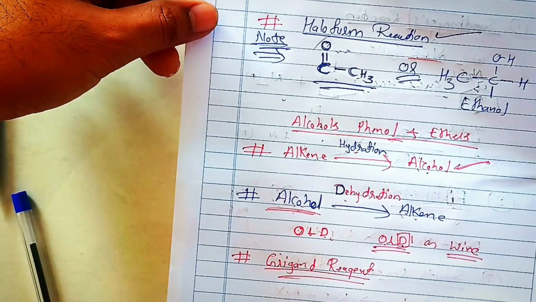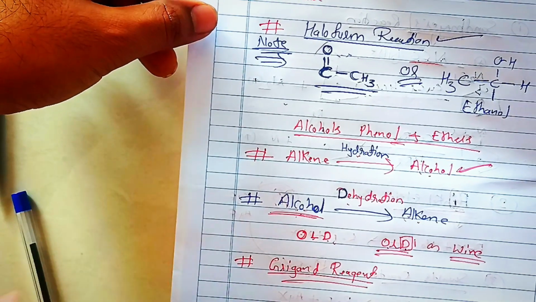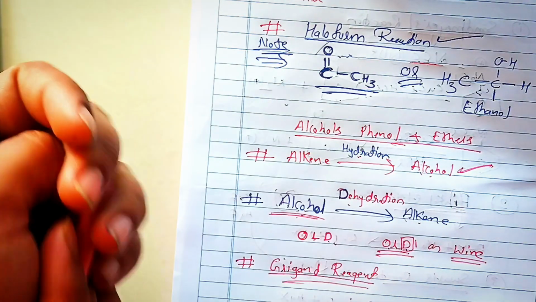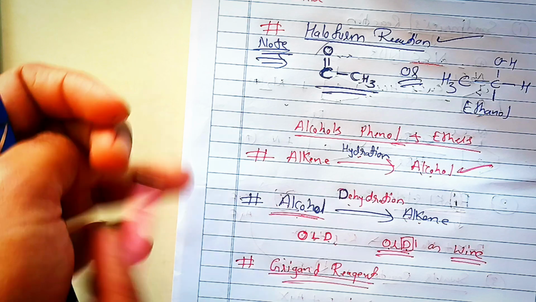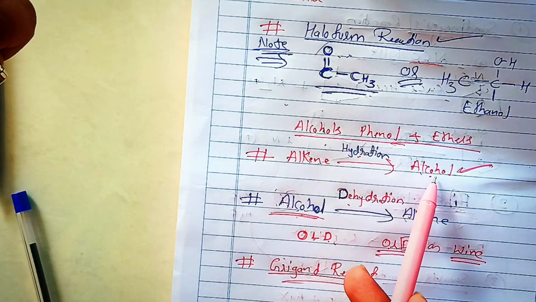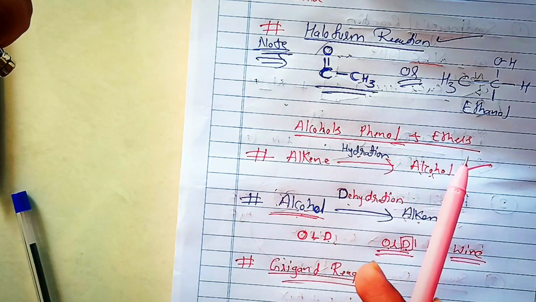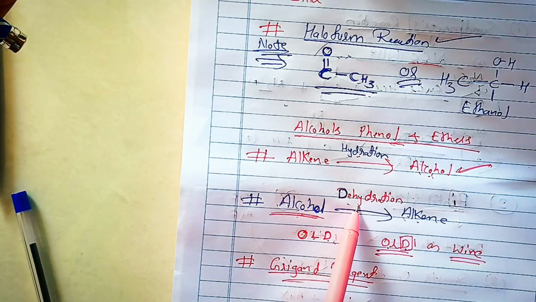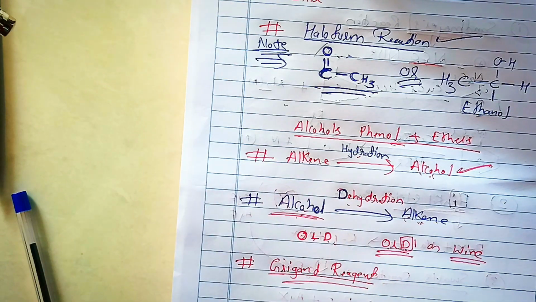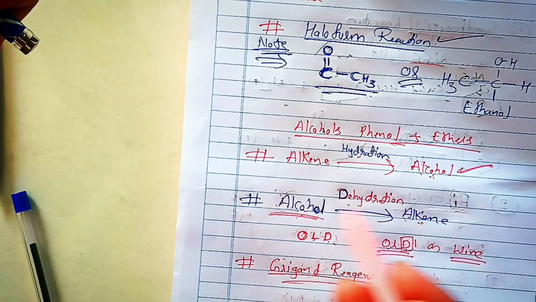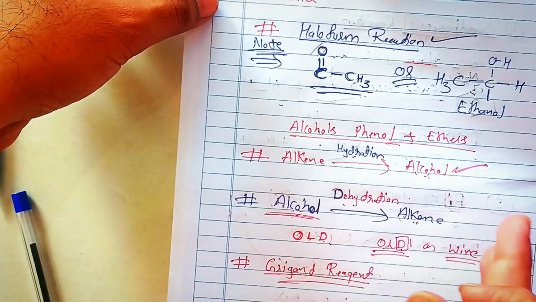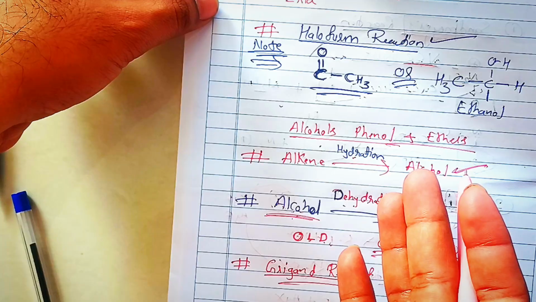In every reaction, if you know the reactant you can know the product. You have to learn only the reactant and reagent in the preparation reactions, and in reactions with alcohols you have to learn the reagents and the product.